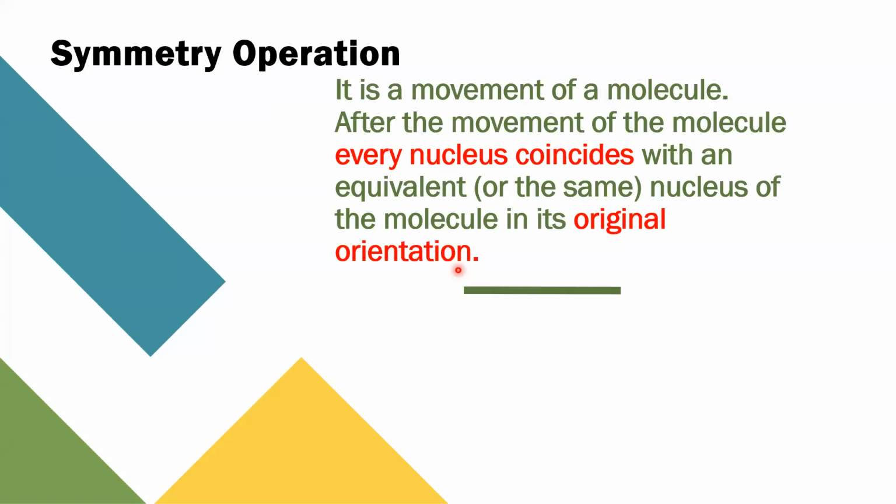Now we'll come to the symmetry operation, or the action that we do. Symmetry operation is a movement of a molecule. After the movement of the molecule, every nucleus coincides with an equivalent nucleus of the molecule in its original orientation. Right? So first you do a movement, that is the operation.